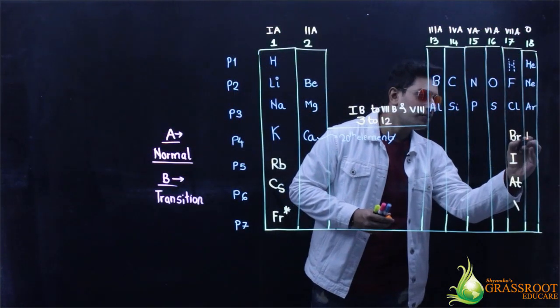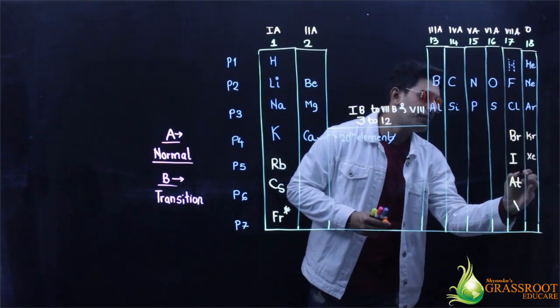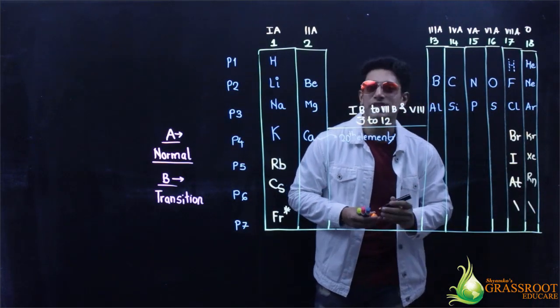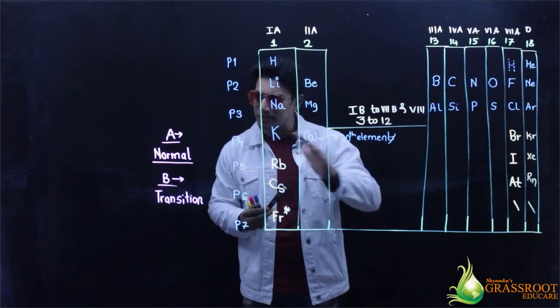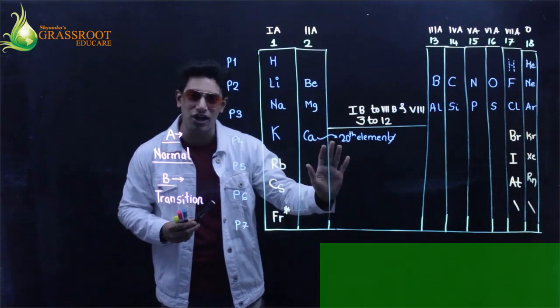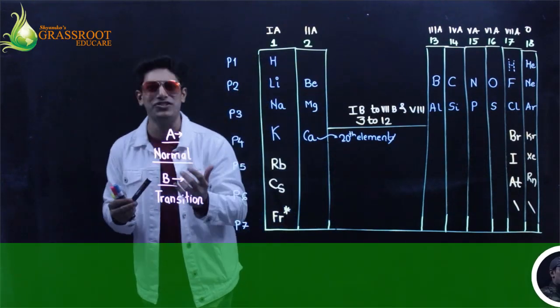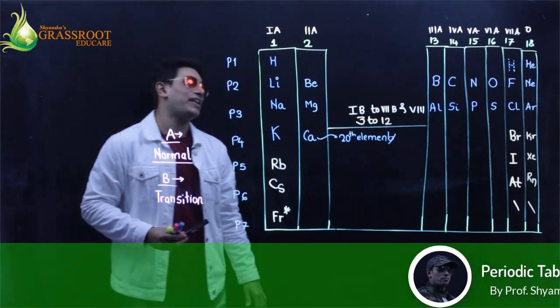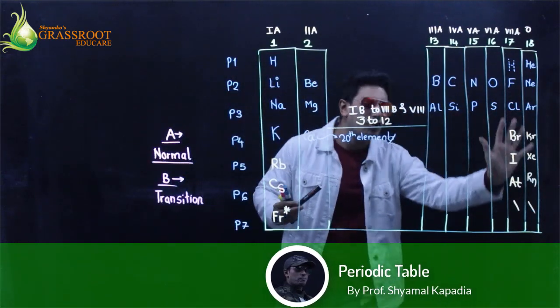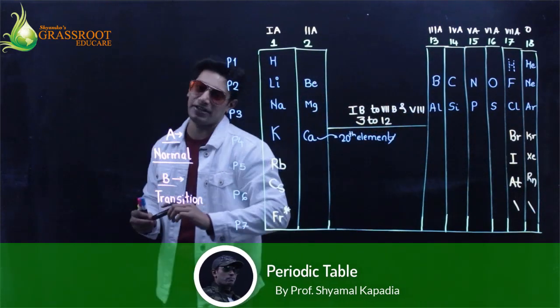Then krypton, xenon, radon, and you don't need to remember this. So this was about the normal elements and the transition elements, and we have seen the differentiation between both of them. These elements which I have written on the board should be learnt by heart.